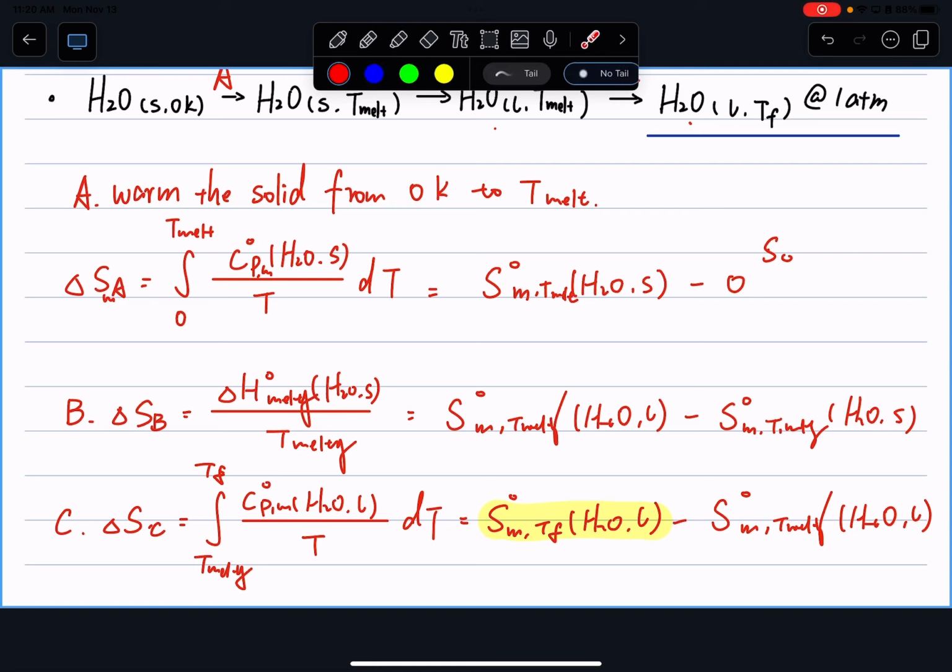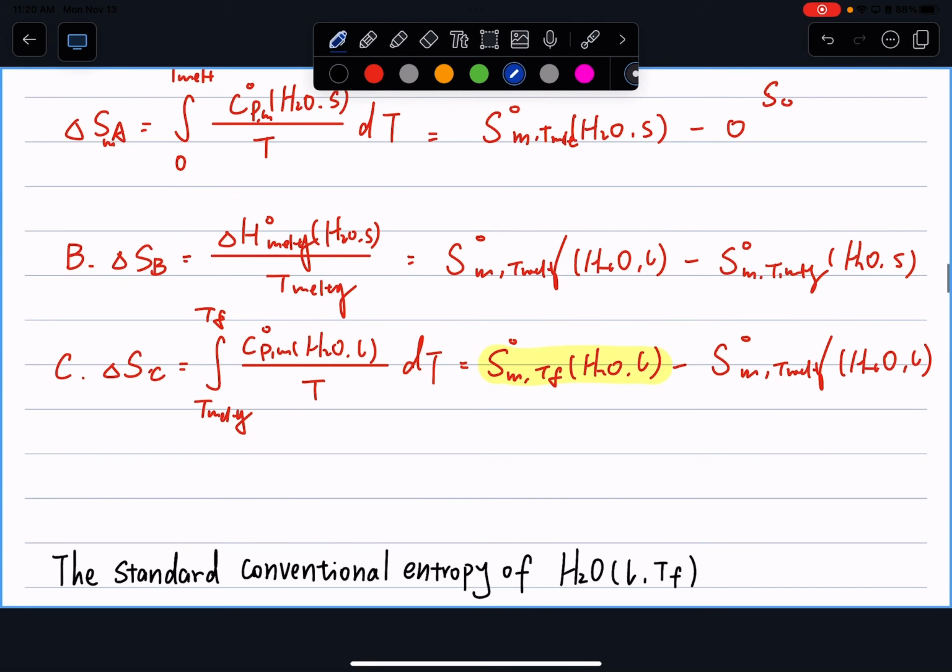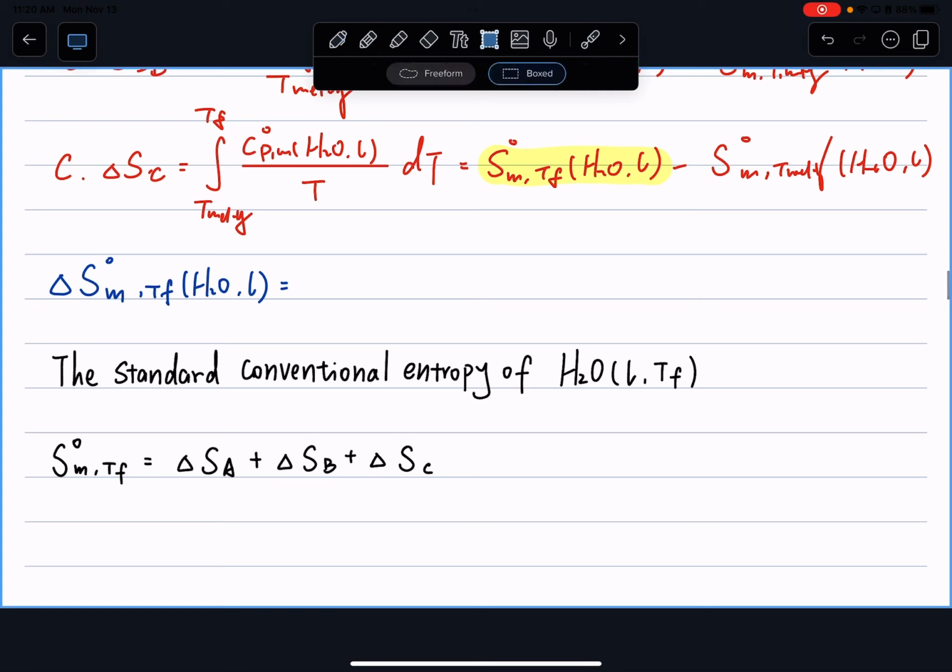So we use this whole process to calculate that number by setting up delta S A, B, and C. In this case, if we take that as your total delta S naught M at T final of your liquid water, that gives you the summation of your delta S A, delta S B, and delta S C. That's the sum of all three steps.